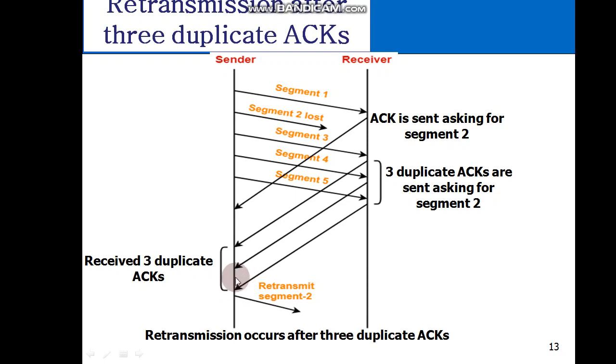Once 3 of the same acknowledgements expecting segment 2 are received by the sender, it will initiate a retransmission, because it understands that somewhere it is lost, and it has received 3 duplicate acknowledgements, so it needs to reinitiate the transmission of segment 2. So retransmission occurs after 3 duplicate acknowledgements.